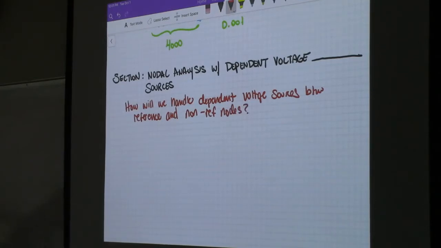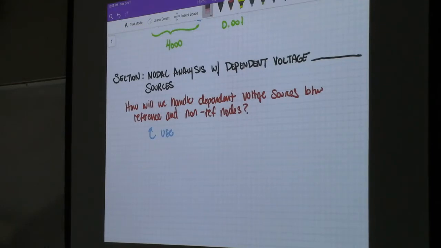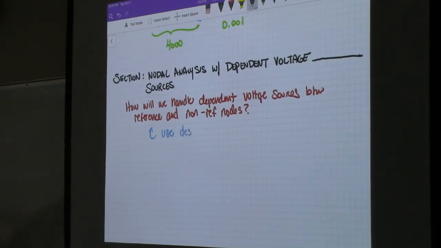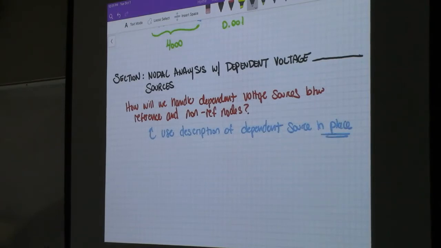The simplest answer, use the equation or the description of the dependent source in place of KCL for that node.